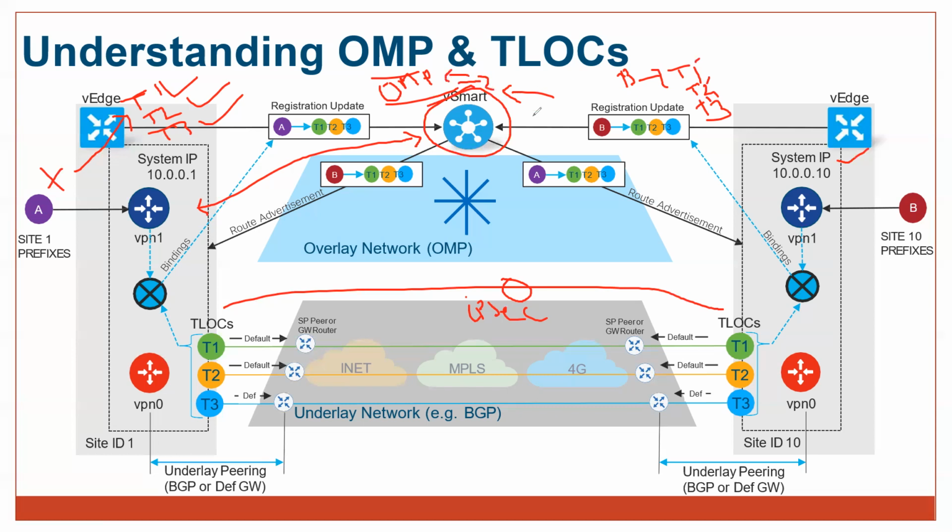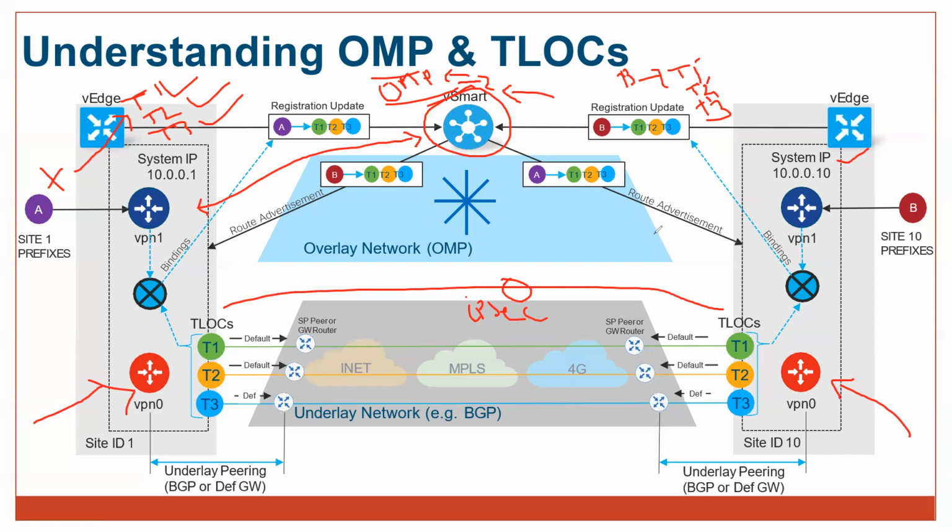But vSmart is not for data traffic. This is just for control traffic. So when you send the actual data from VPN 10 to the other side VPN 10, it will not go via the control connection, right? It has to go via the media where you have the IPsec tunnel.